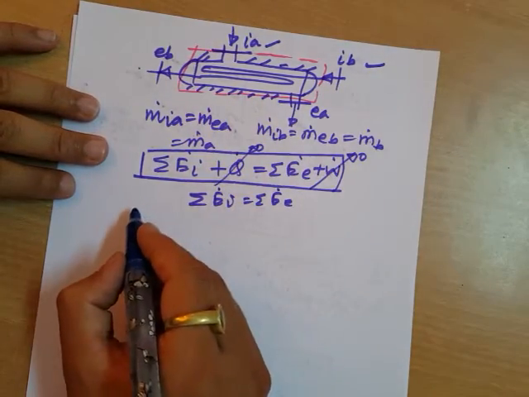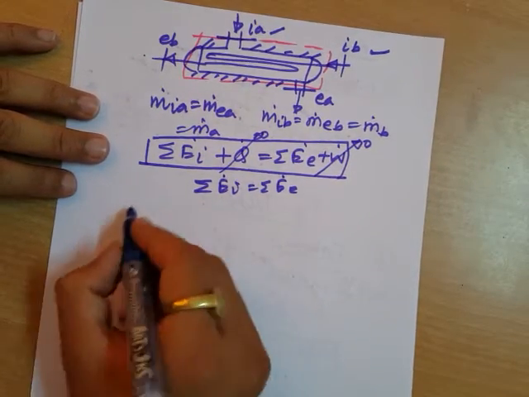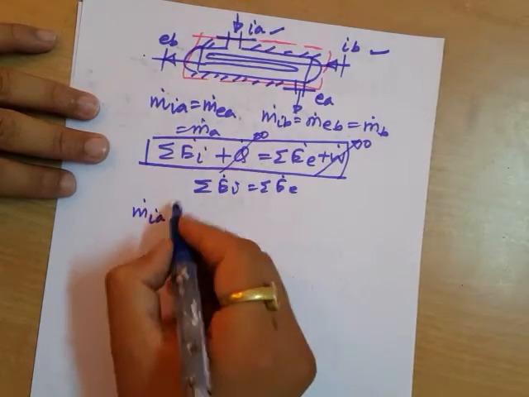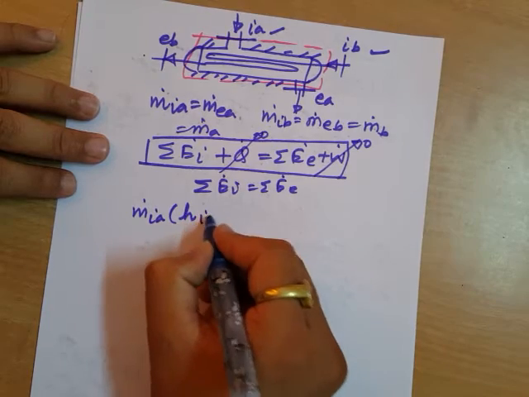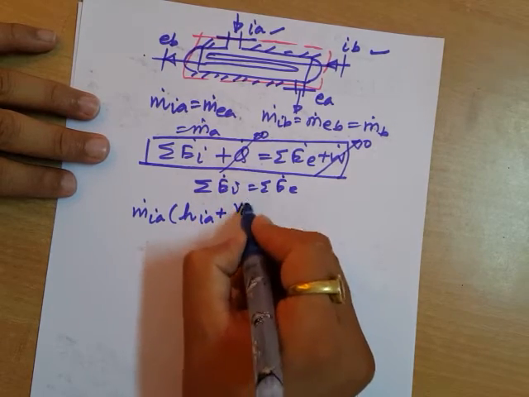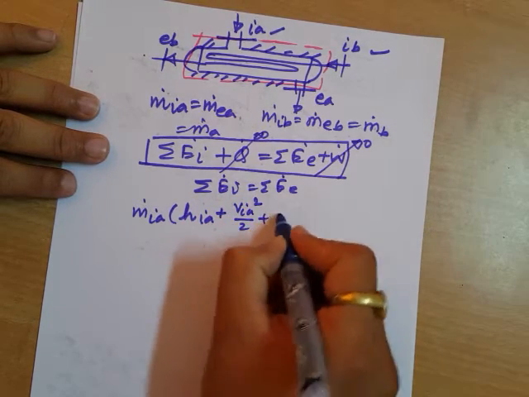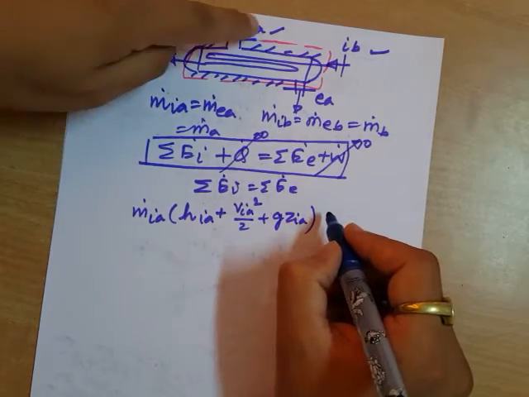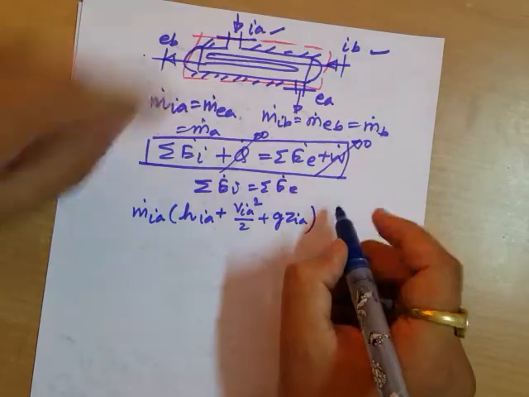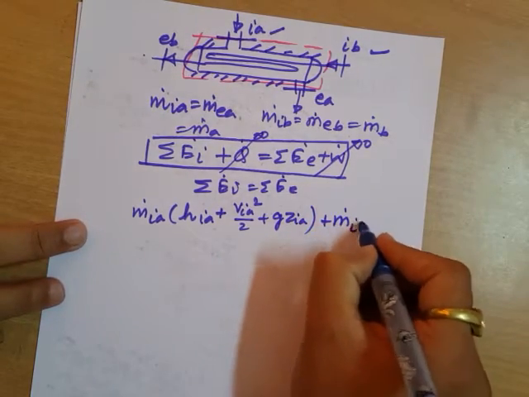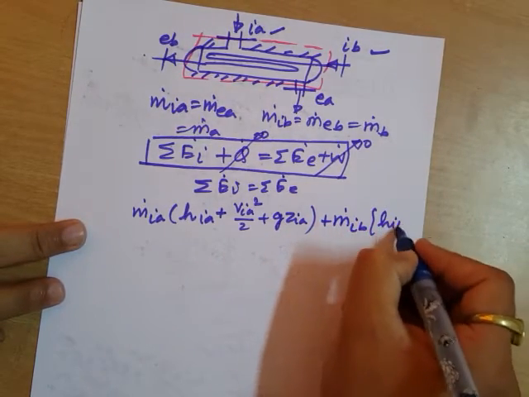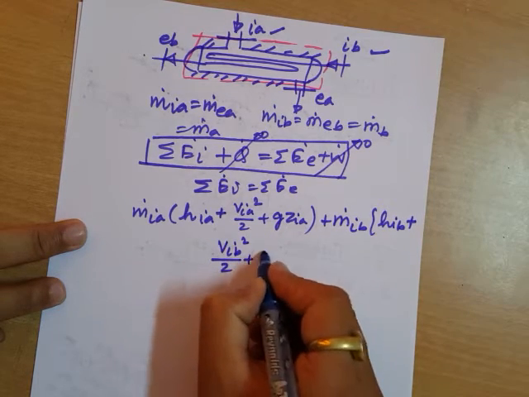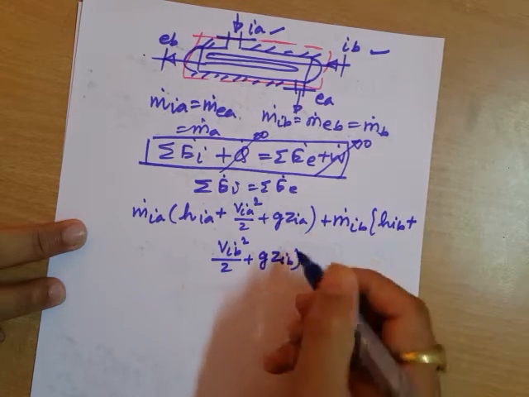So what we can write here is m dot IA times HIA plus VIA square by 2 plus GZIA for this one, and another one is entering from here, so m dot IB times HIB plus VIB square by 2 plus GZIB.